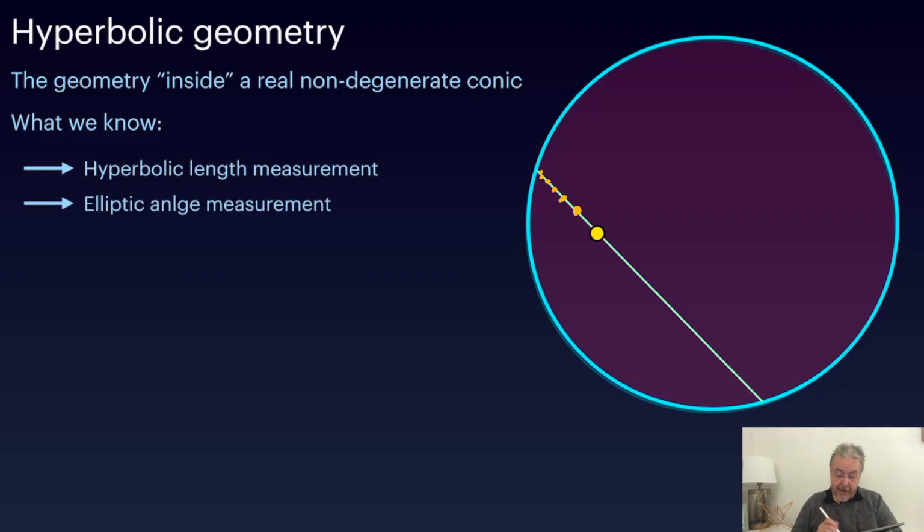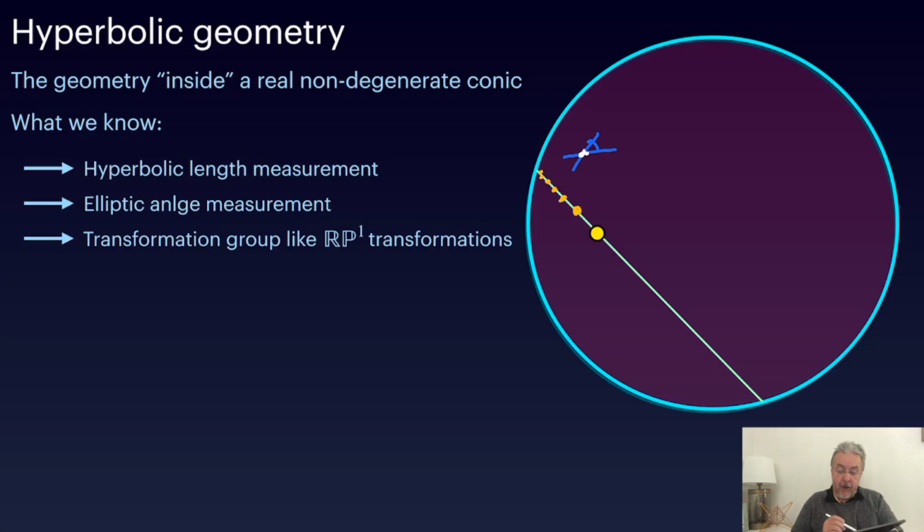We know that we have an elliptic angle measurement. Say if we have 2 lines here and we want to measure the angle, we can apply the formulas of Cayley Klein geometry, and since the 2 tangents at the point of intersection here will be complex, we get an elliptic angle measurement.